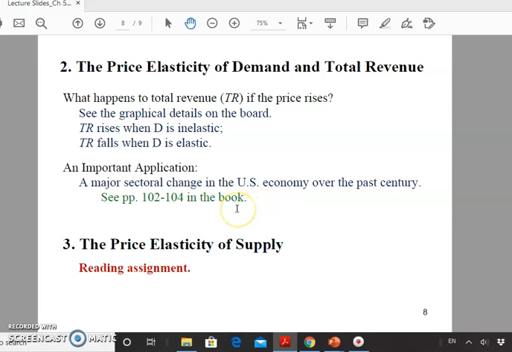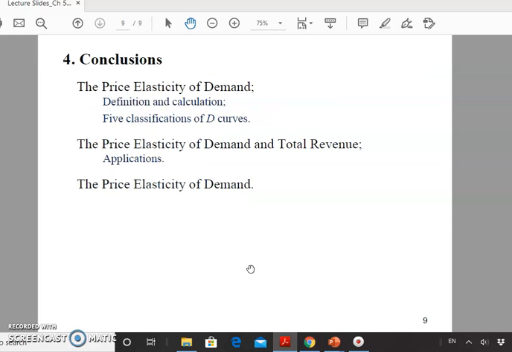Again, I will leave this for you guys to check out. Okay? And in this chapter, you can also find the discussion about the price elasticity of supply and even income elasticity of demand. But I would like to leave these for you guys as a reading assignment. Okay, and I also posted the Khan Academy videos on Moodle, so you can check them out. Okay, for these other topics.